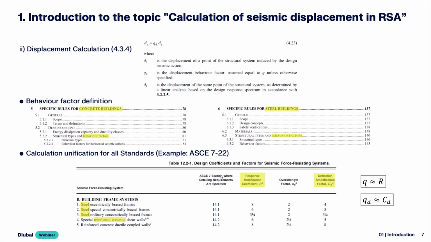Some countries are based on this North American approach, some others are based on Eurocode, and of course there are the cases which came up with a new set of factors and nomenclature. So it's quite a wide range of application.